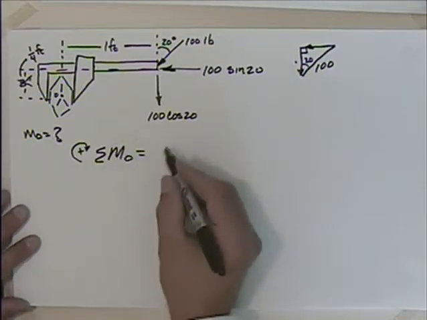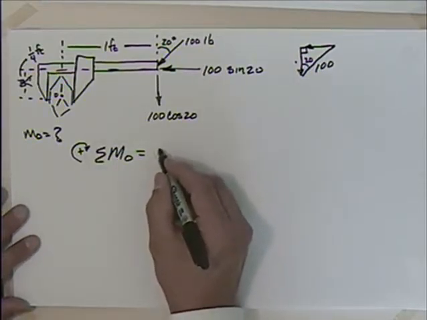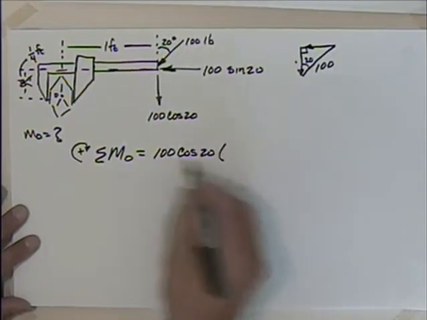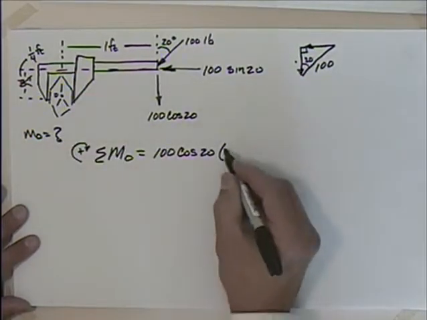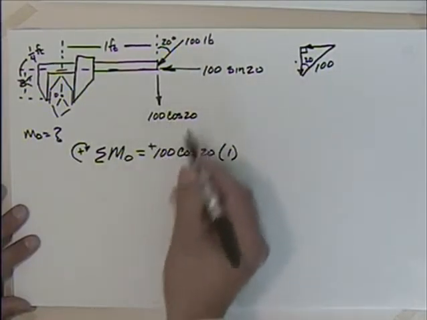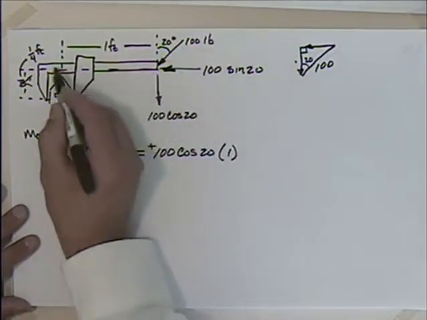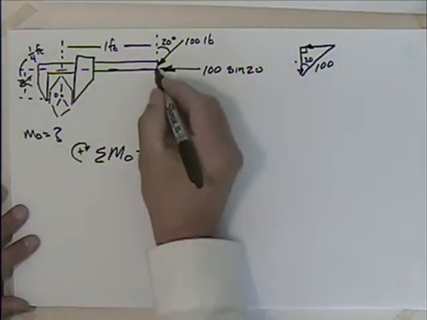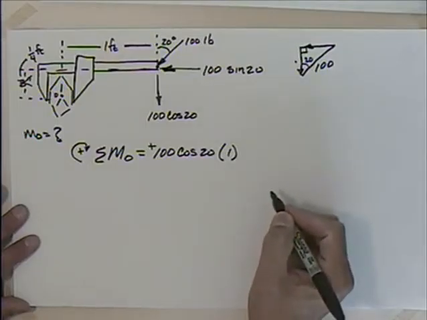So if I take clockwise as positive, we've got 100 times the cosine of 20 times the distance that acts through, which is 1. And that's positive because it's rotating it clockwise. This one is negative because it tends to rotate it counterclockwise. This should probably be acting up here at the middle of that bar.